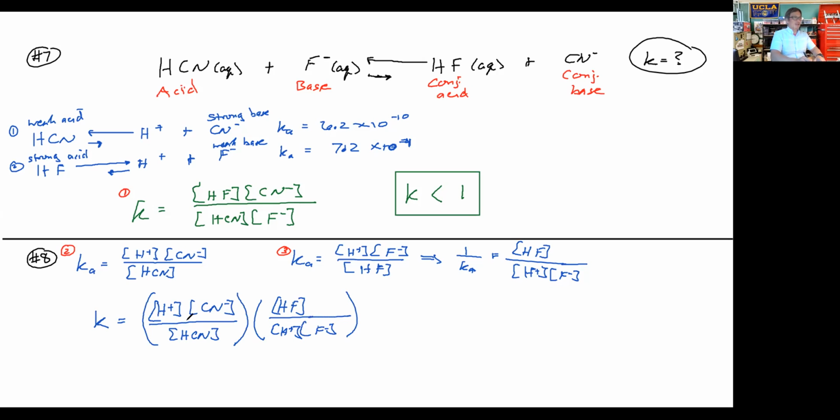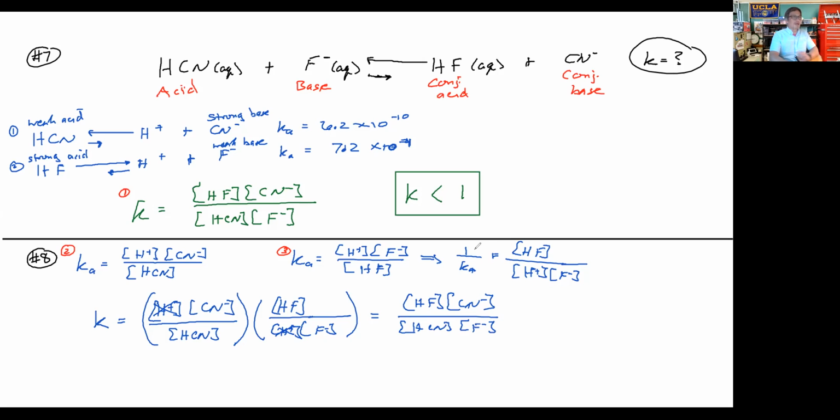If we multiply those together, look what happens, you guys. The hydrogen ion cancels out. And what are we left with? We are left with HF in the numerator, CN in the numerator, HCN in the denominator, and F minus in the denominator.